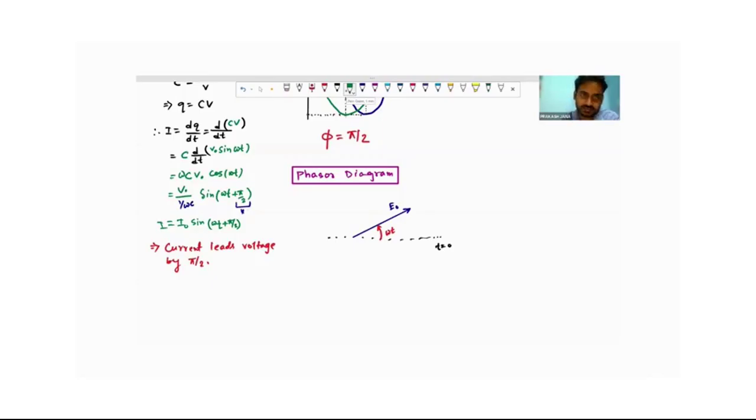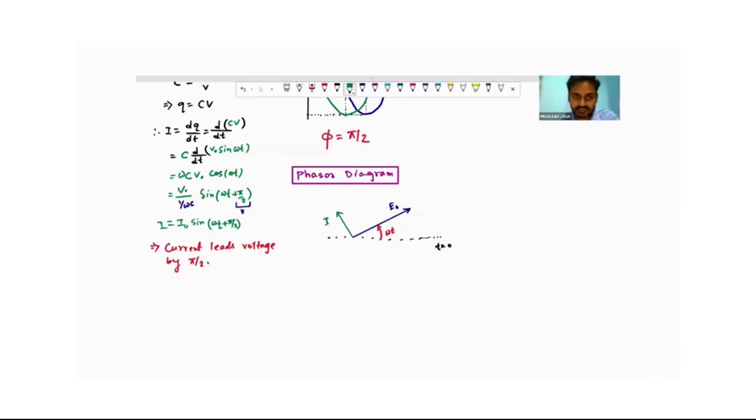As we found here, the current will lead the voltage by 90° or pi by 2. So the current will make an angle of 90°. I have to keep the length a little less compared to the voltage, as you know the reason.